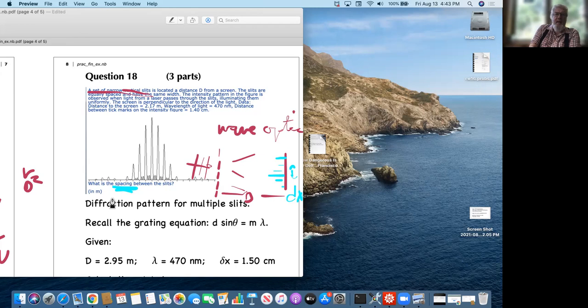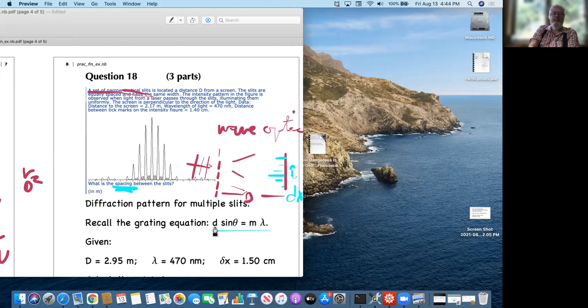Now, I wasn't really able to do this problem exactly, but it's fairly easy to do the problem approximately. And since this is a multiple choice exam, you don't have to have the exact answer. You just have to have a good approximate answer, and then you pick the choice which is closest to your approximation. So it's fairly easy to figure out the spacing between the slits. If you think of this as approximating a diffraction grating, you can just use the grating equation. d sine theta is m lambda.